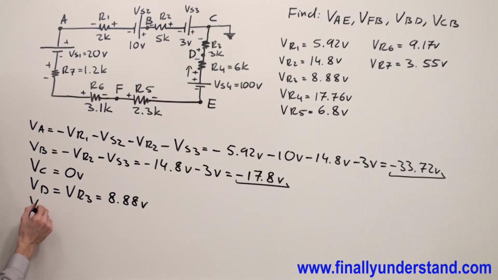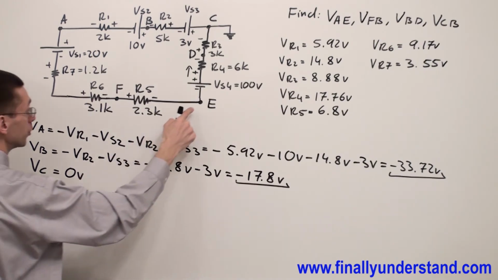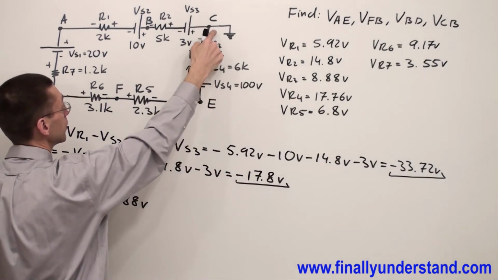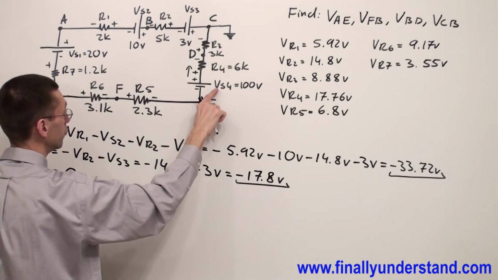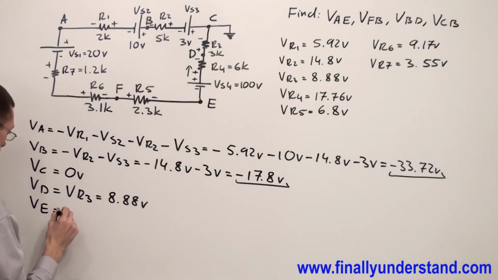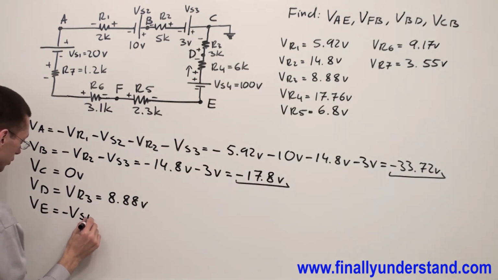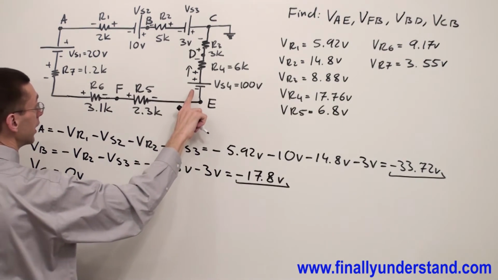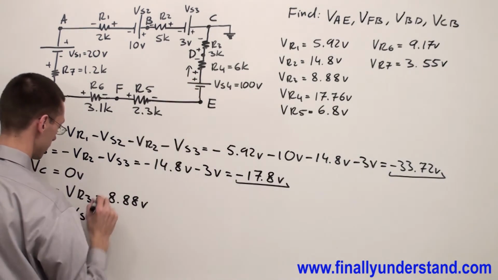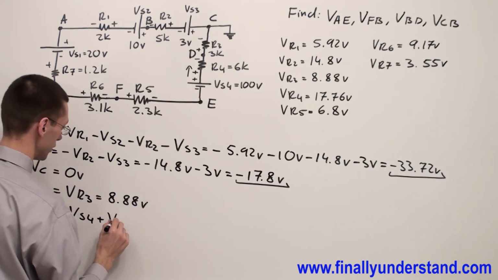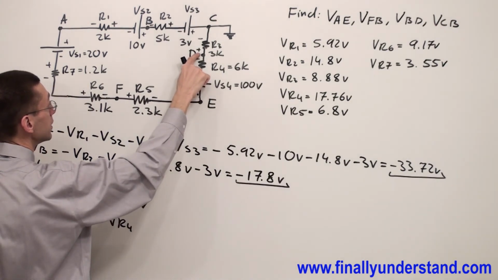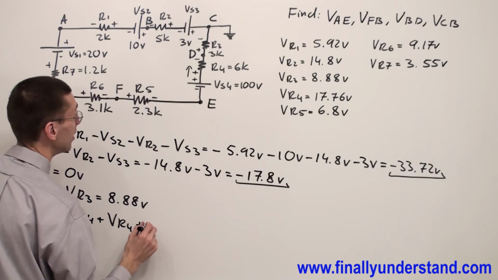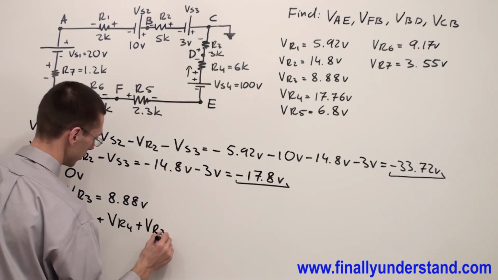VE is the voltage between this point and ground. So what do we have first? We have negative voltage source 4, and next I have positive VR4, and I have positive VR3.